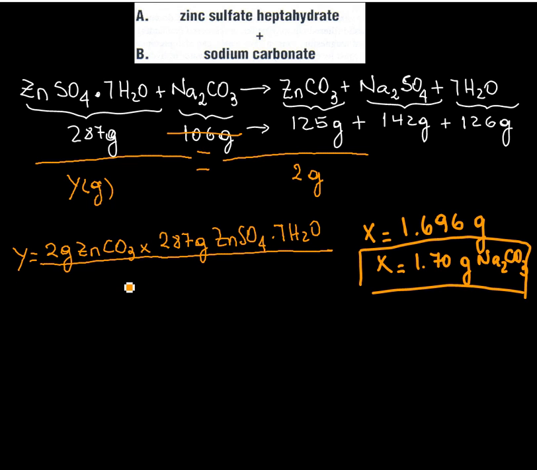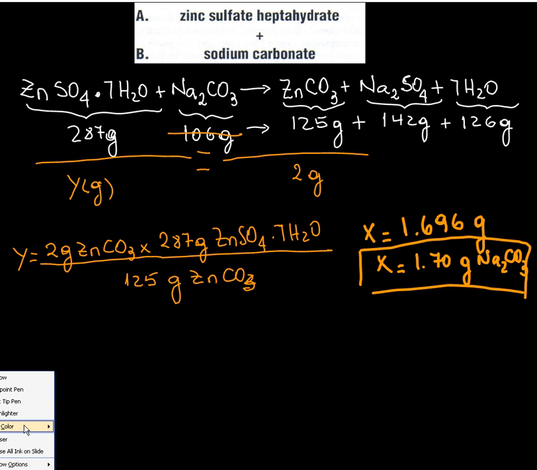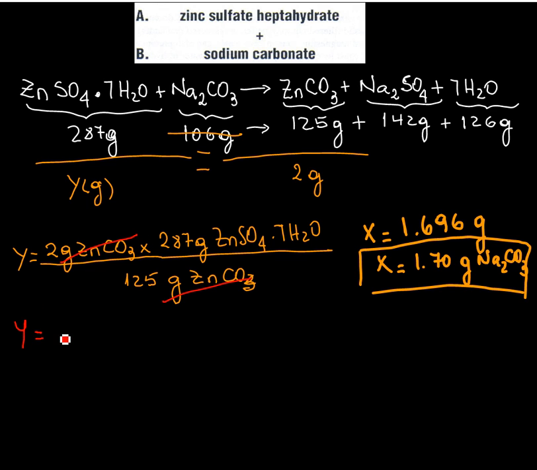This is not so bad. 125 grams of zinc carbonate. This is a 3. Okay, so I'm going to cancel zinc carbonate and zinc carbonate, and Y is going to be 2 times 287 divided by 125 grams of zinc sulfate pentahydrate. Heptahydrate.